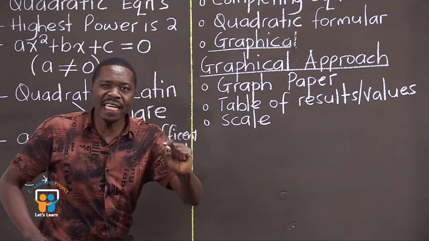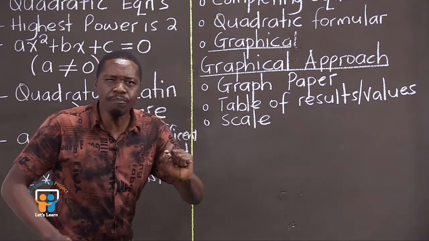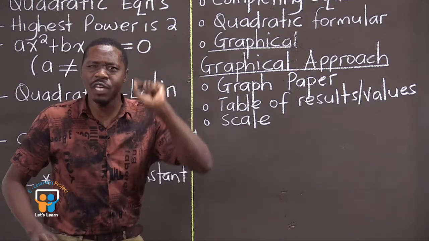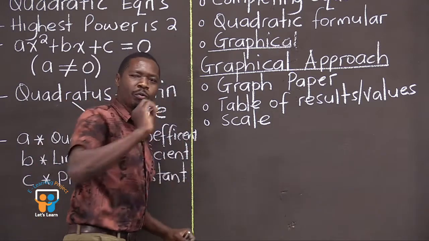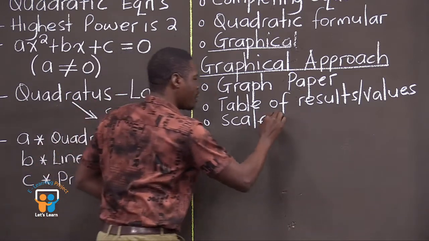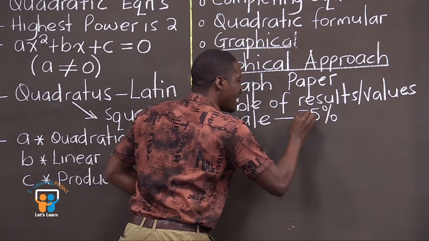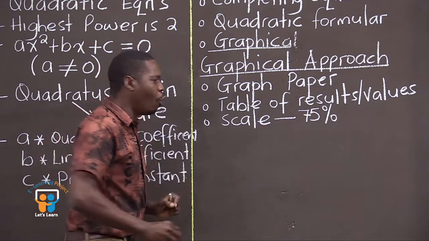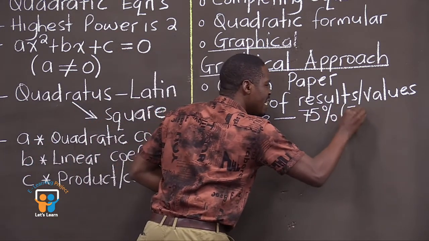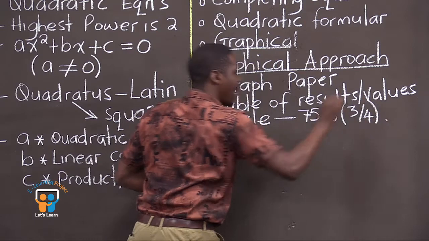It must be a scale that makes us occupy at least 75% of the graph paper. We need what we call paper balance. So we shall have a scale that makes our graph occupy 75% of the graph paper, or we can say 3/4 of the graph paper.